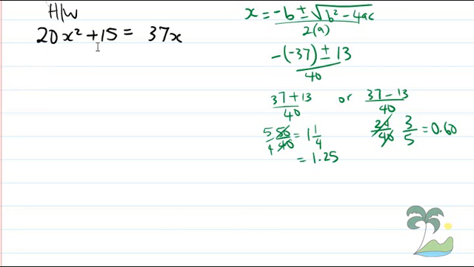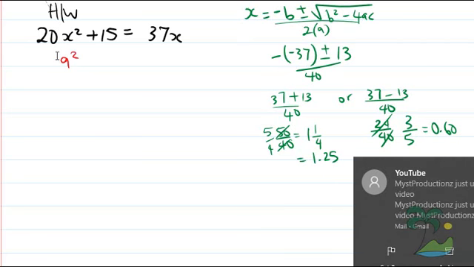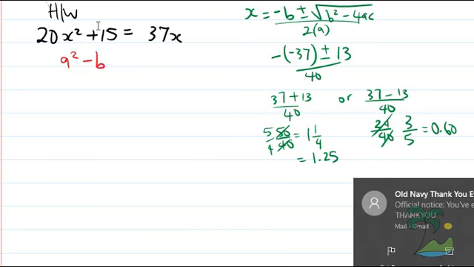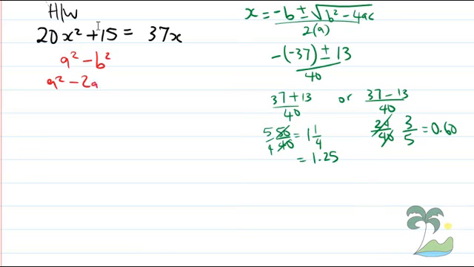Okay, so now remember, in completing the square, you would have this equation, for example, a squared minus b squared would be equal to something like a squared minus 2ab plus b squared.